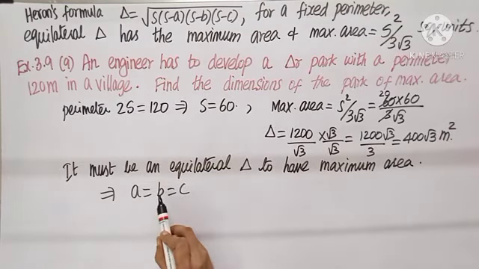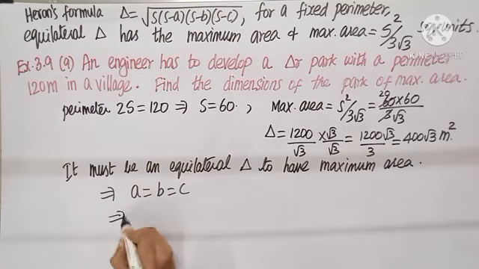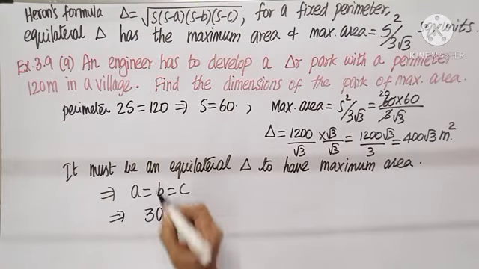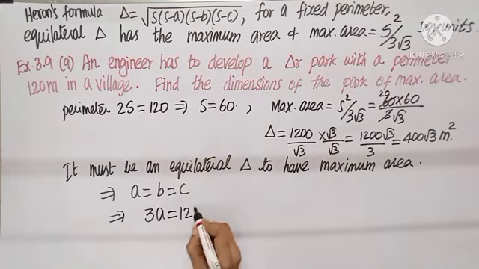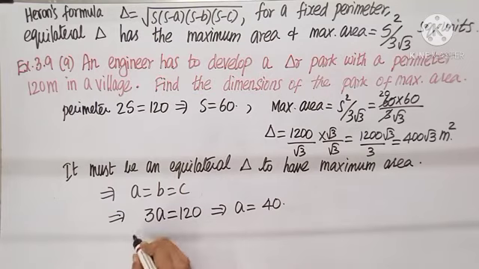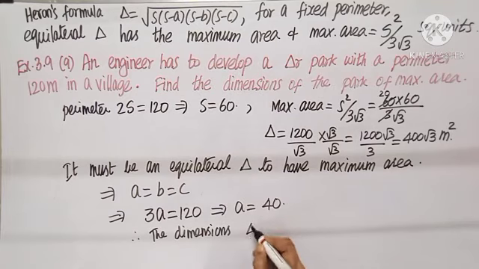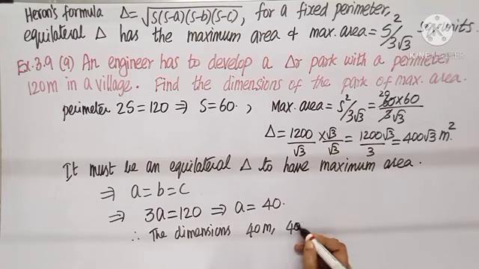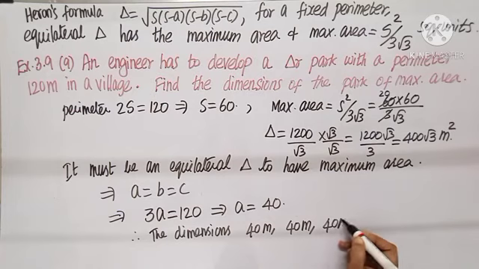So A equals B equals C tells me all the sides are equal to A. So 3A, the perimeter is 120, or I get A is 40. So the dimensions are 40 meters each. 3 sides are there, so each side we will say 40 meters.